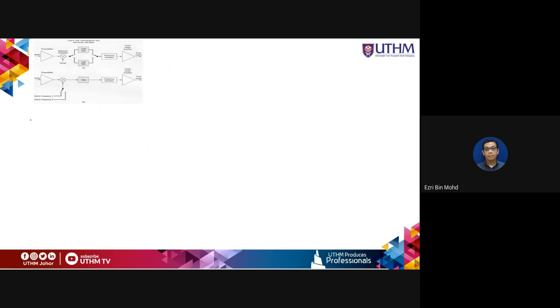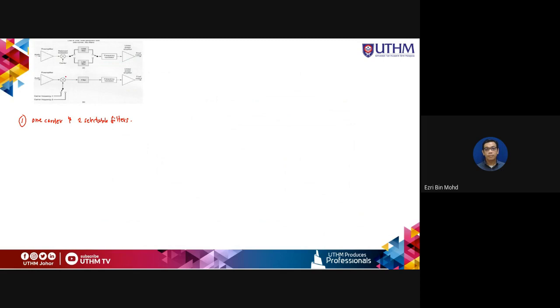Okay, the first method is single sideband with one carrier and two selectable filters.